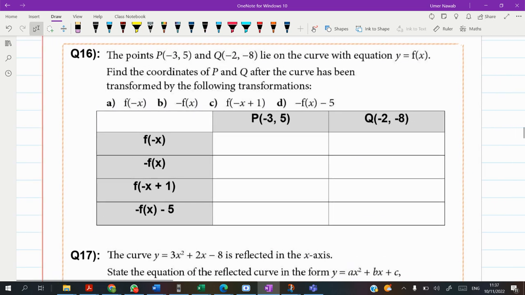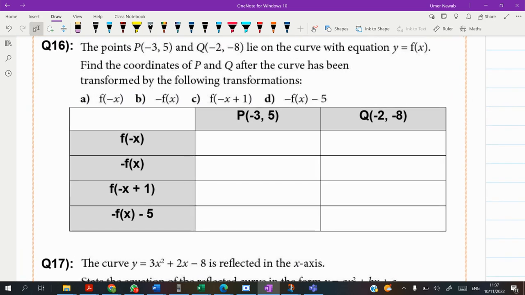Let me go to the question. I have a point here, 3, minus 5, minus 3, 5. First of all, I need to understand what this is. Because I am changing the input, it is a reflection about the y-axis. So the input sign is changing.